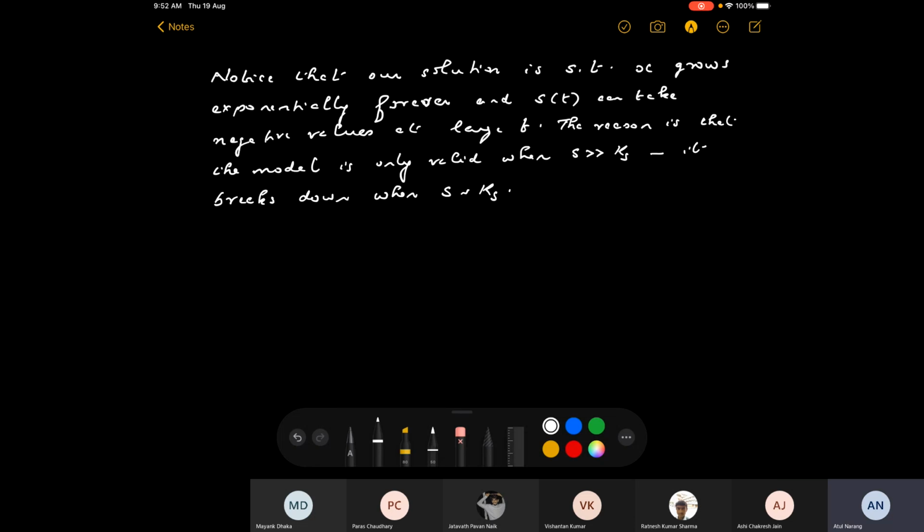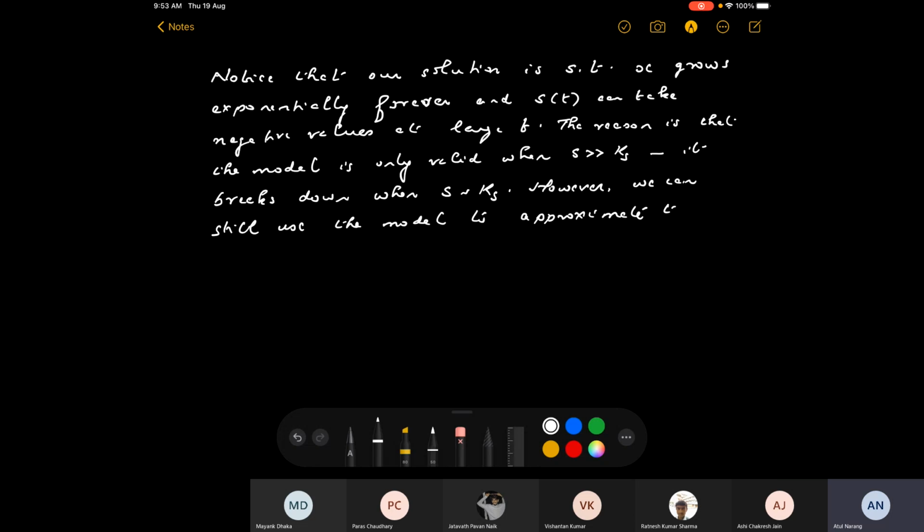So I want to move on. However, that does not mean, as you will see in a numerical example, that we cannot still use the model to approximate the entire growth curve.